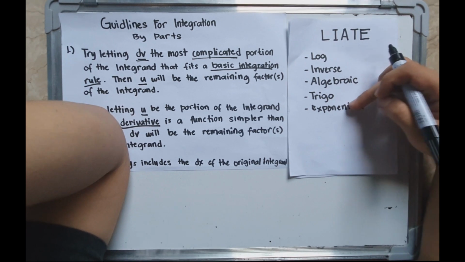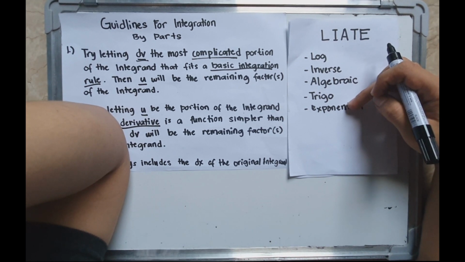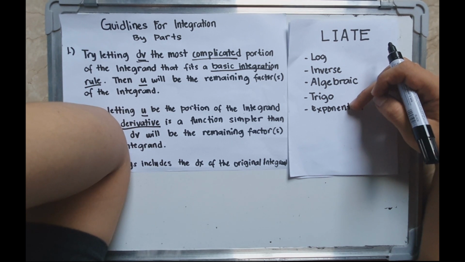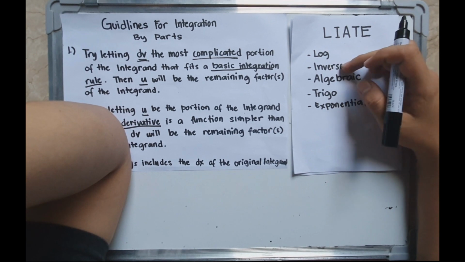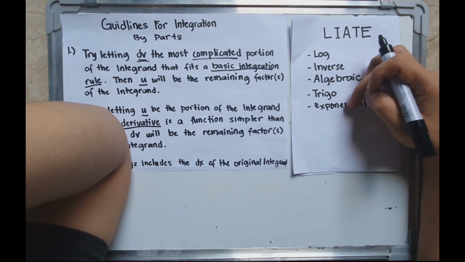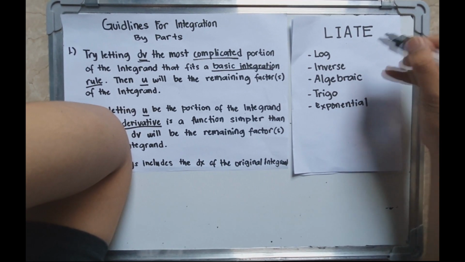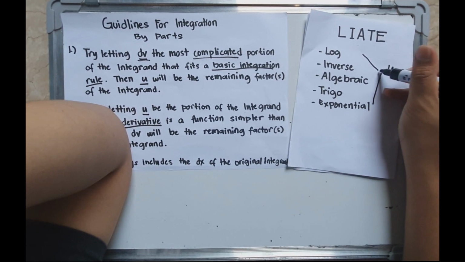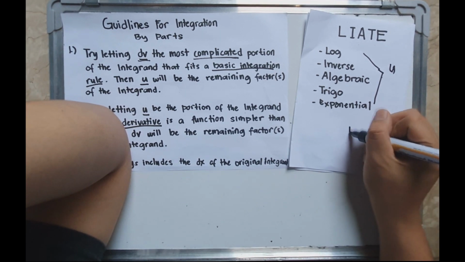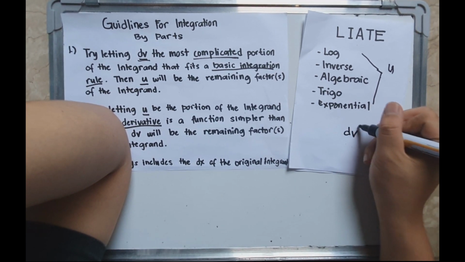And lastly, assign exponential function as the u and the rest will again be the dv. LIATE stands for log, inverse, algebraic, trigo, exponential. So we will assign this one for the u and the rest of the factor will be the dv.